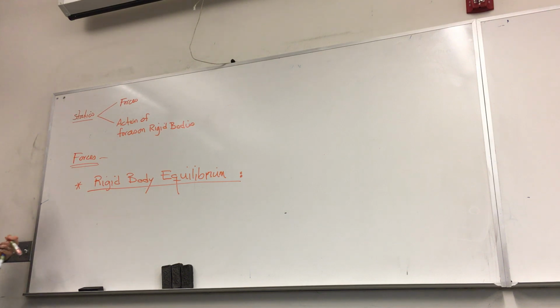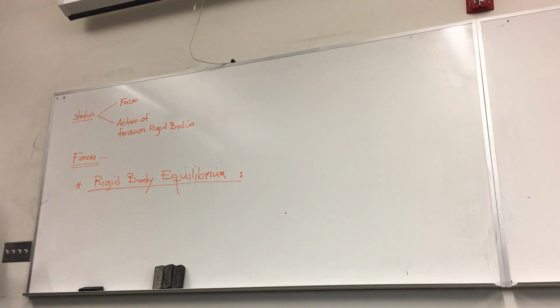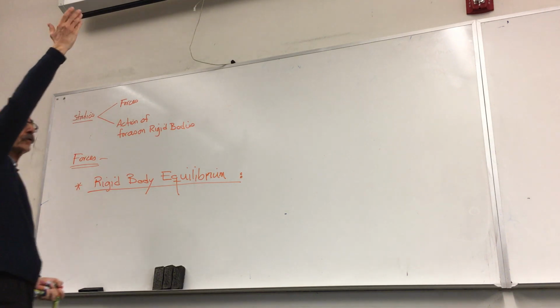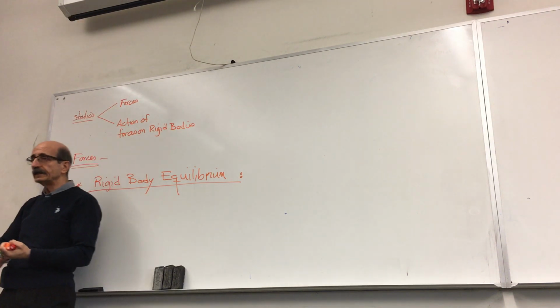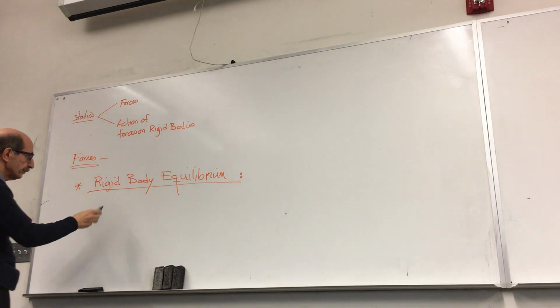A rigid body, which means any structure in the world that you consider, whether it's a tree supported by its roots, this board connected to the wall by some screws, or that light fixture supported by those cables that attach it to the ceiling, any structure in the world is subjected to two types of forces.